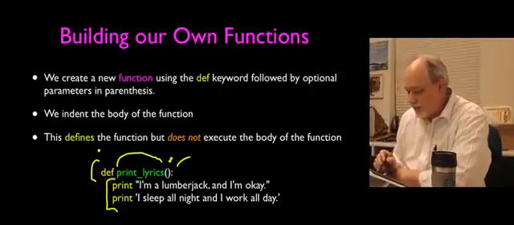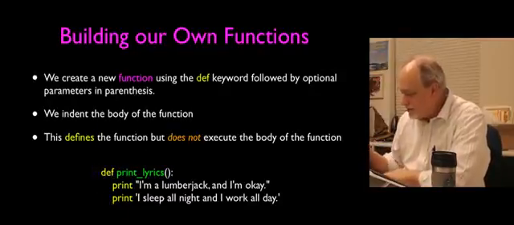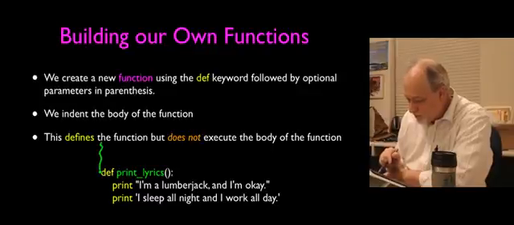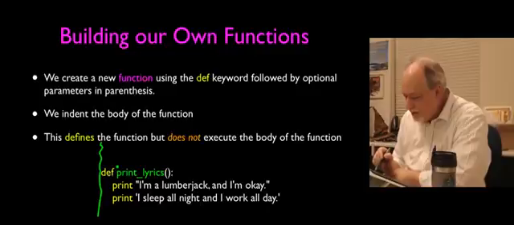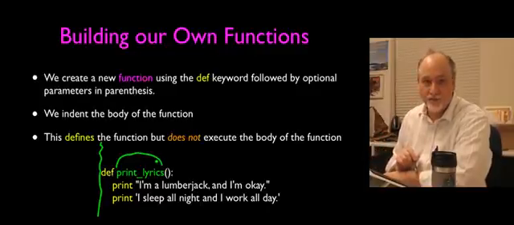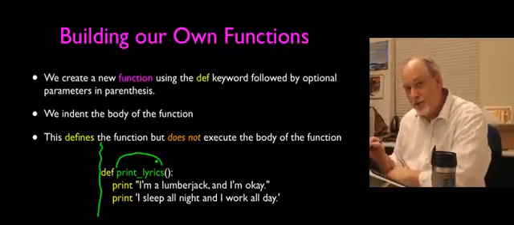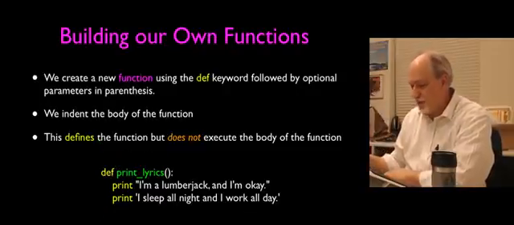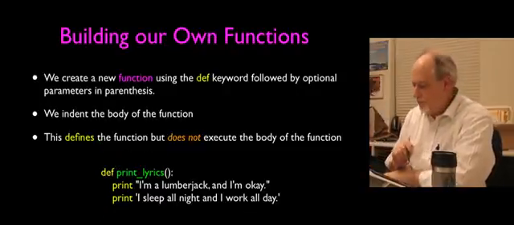So it's important to remember that when Python first looks at this, it doesn't run these lines of code. It just remembers them and names them print lyrics. So it doesn't cause any printout. It just causes Python to remember it. I've probably said that a few too many times.